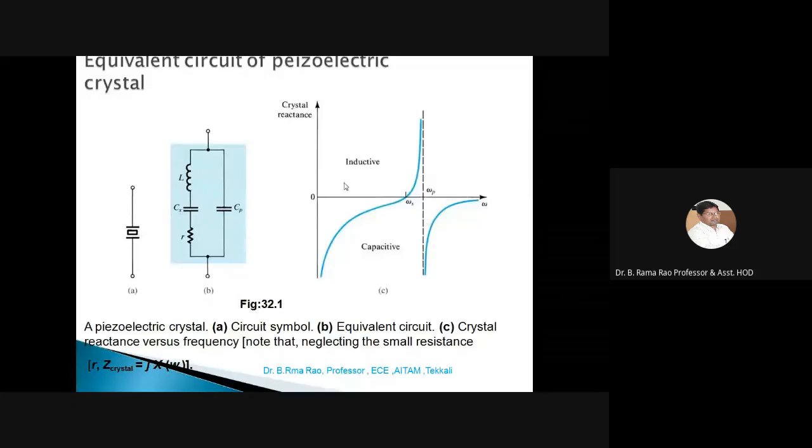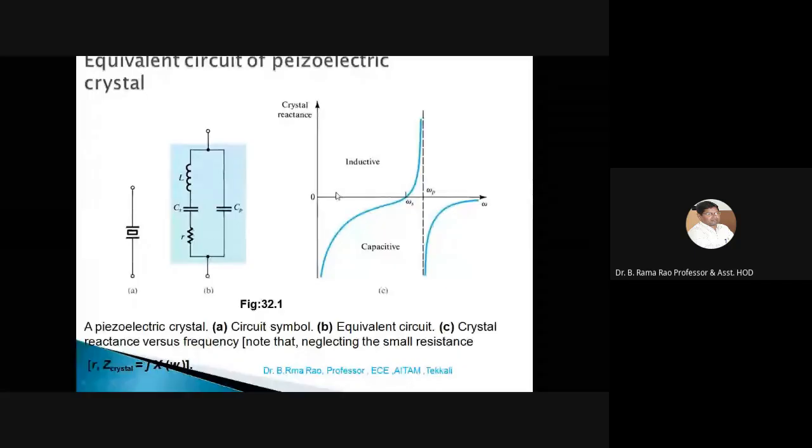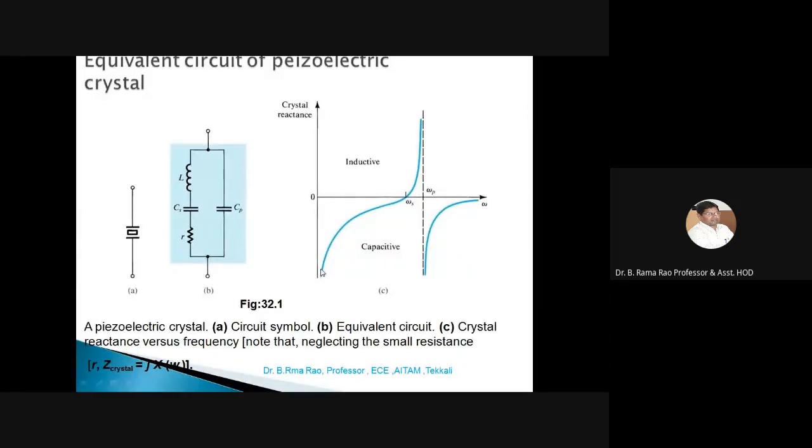If you observe figure number 3, the y-axis is the reactance part and the x-axis is the frequency. If we start with 0 frequency, of course the reactance is capacitive reactance, then as we increase the frequency the capacitive reactance starts to decrease, until the frequency is equal to the series resonance frequency, omega equals omega s.